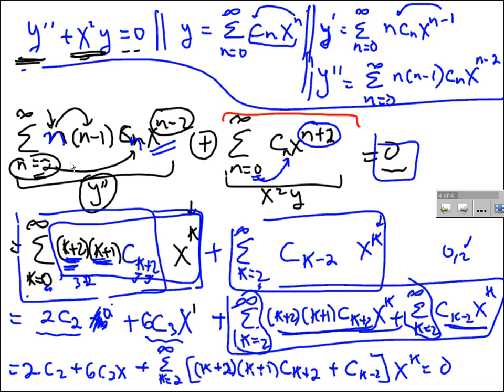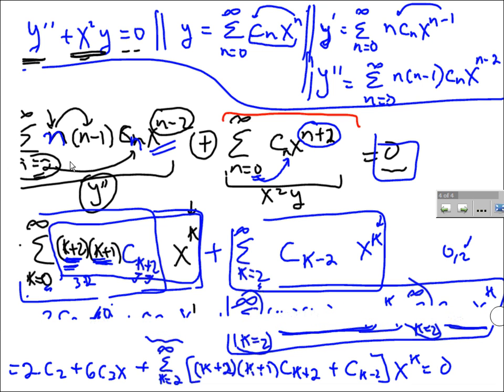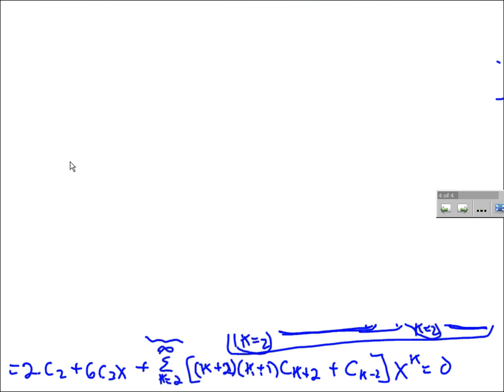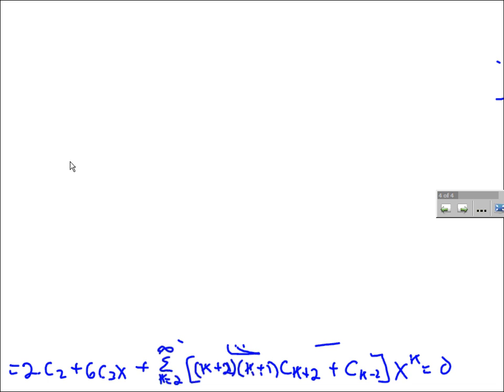Okay. So we need to get rid of an awful lot of stuff. We want this to equal 0. Now, one way it can equal 0 is if this is 0 plus 0 times x plus if that's 0.